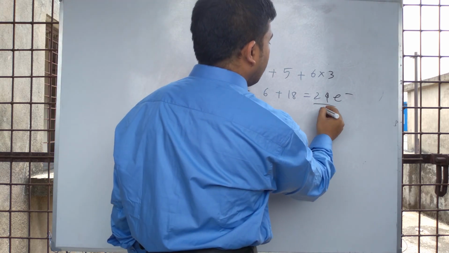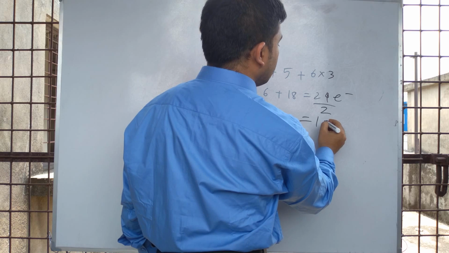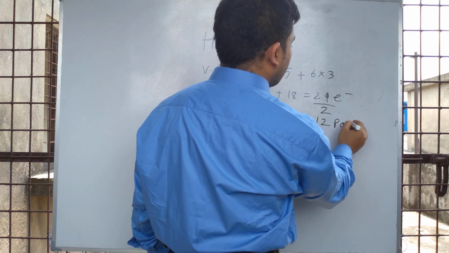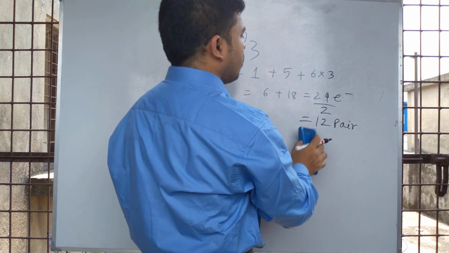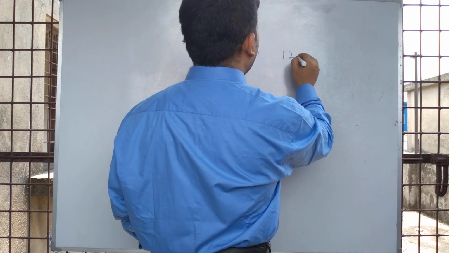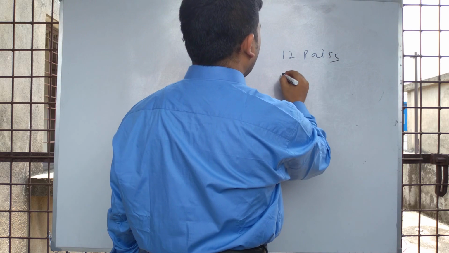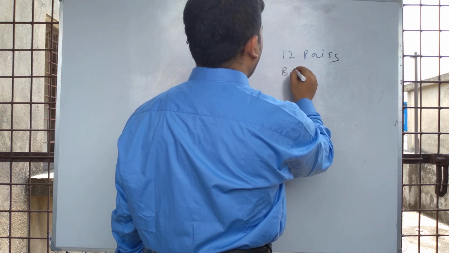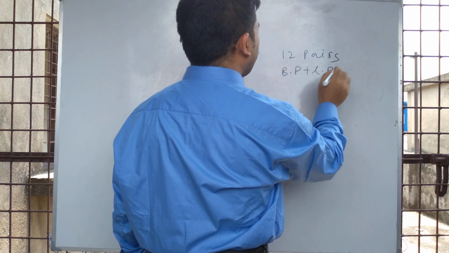So 24 valence electrons means in total we have 12 pairs. Out of these 12 pairs, bond pairs and lone pairs are all present.